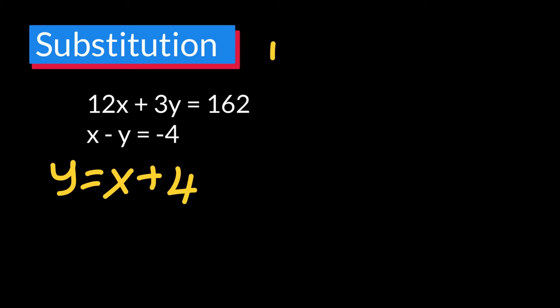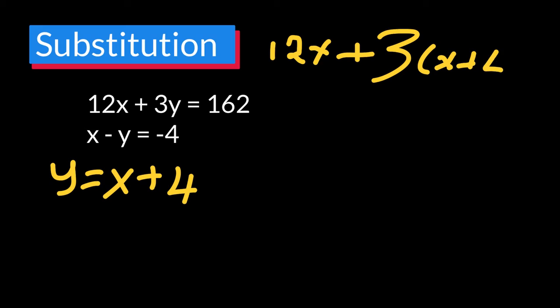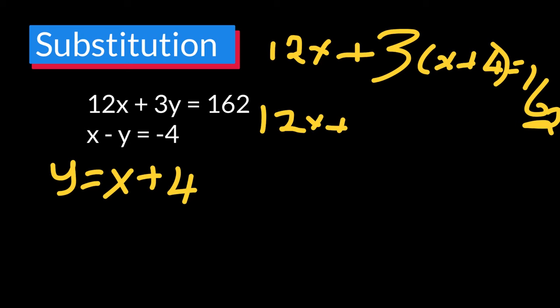So we've got 12x + 3(x + 4) = 162. We're going to use the distributive property to get rid of the brackets. So we've got 12x plus 3 times x is 3x, and 3 times 4 is 12.